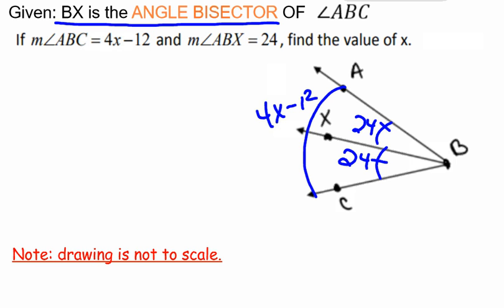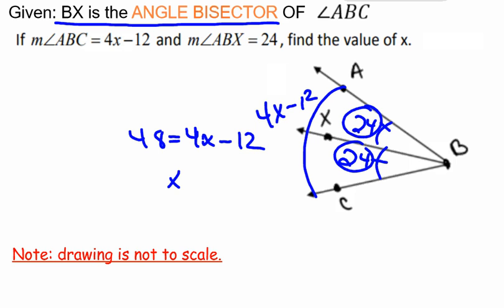You could find the value of x by combining these into 48 and setting them equal to 4x minus 12. So 4x minus 12 equals 48. If you do the math, x will become equal to 15, I believe. Yep. And then you can find the measure of each angle.